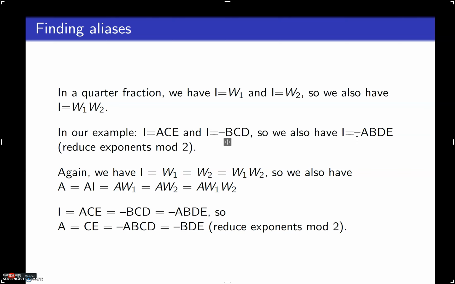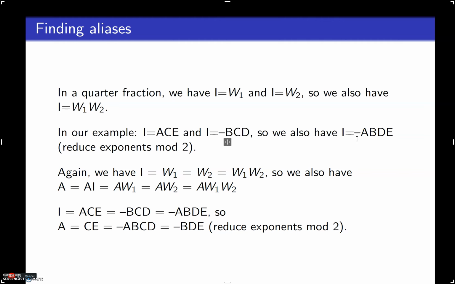All right, so again, if we generalize this, we can think of this in a less specific way. So I equals W1 equals W2 equals W1 by W2. So we also have A equal to AI equal to A W1, each of those generating contrast or generalized interaction.